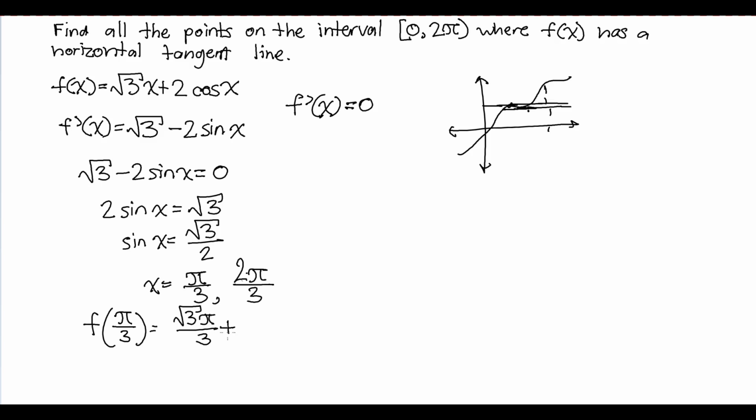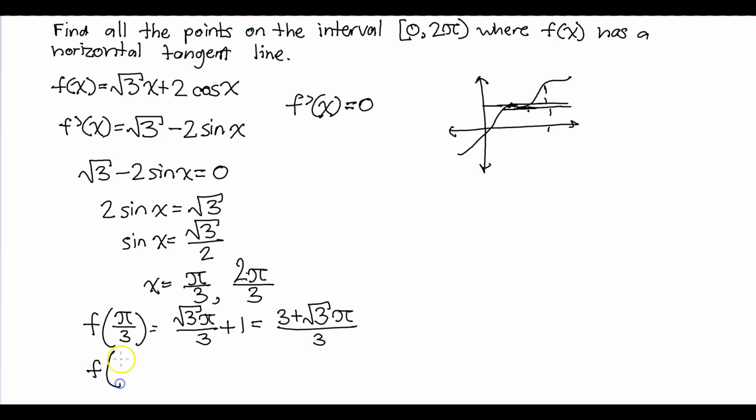Cosine of pi over 3 is 1/2, so 2 times 1/2 is 1. We can rewrite this as (3 plus root 3 pi) over 3.